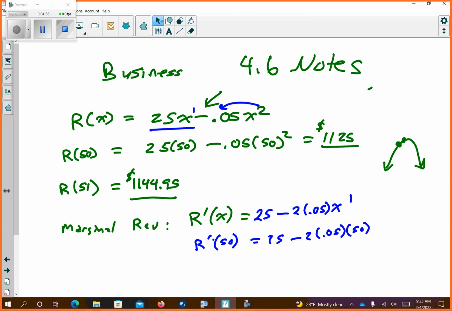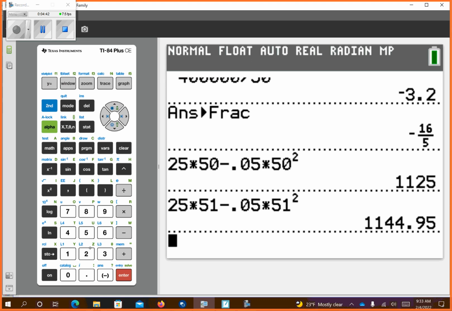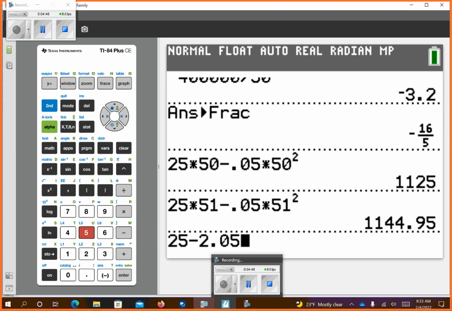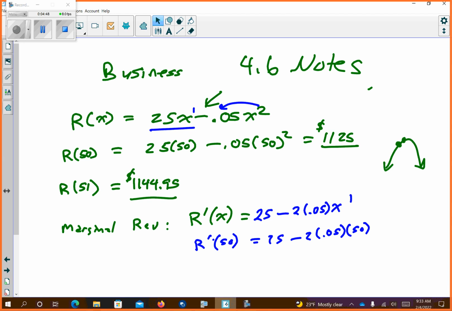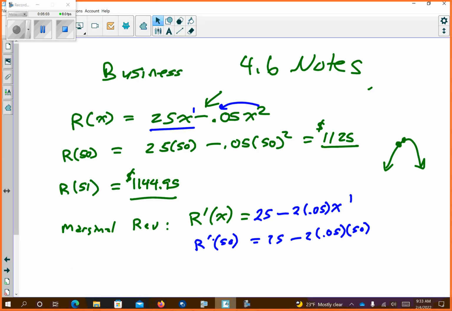So again, just on the calculator, 25 minus 2.05. Is that right? Did I do that right? 2 times 0.05. Sorry about that. That should be a times. Second insert times, and then that was times 50.